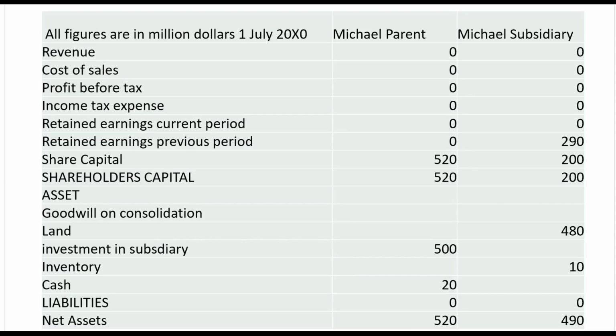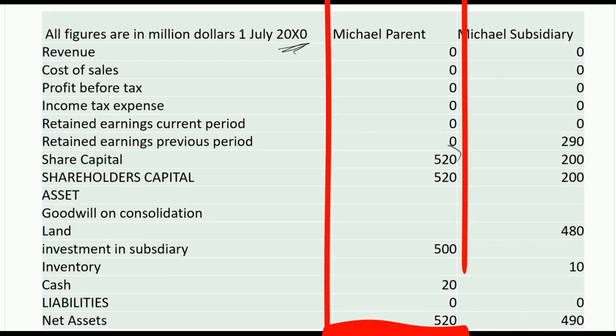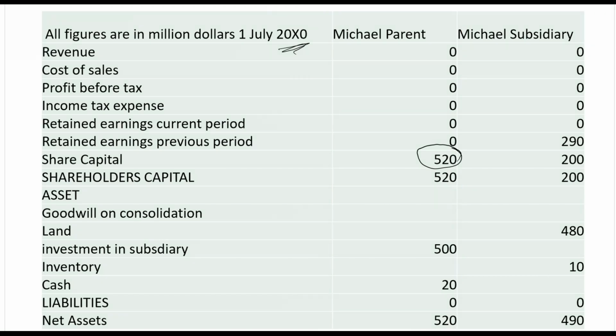At the date of acquisition, Michael Parent raised 520 million of share capital, invested 500 million in the subsidiary, and had 20 million of remaining cash.